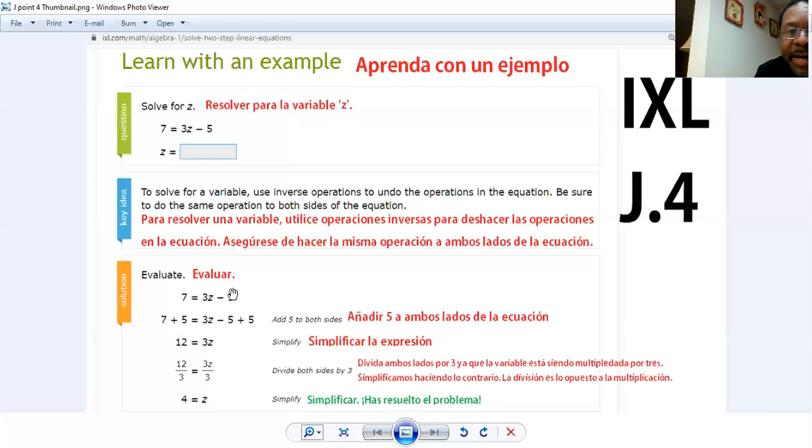This is a negative 5, so the opposite of negative 5 is positive 5. So we're going to add positive 5 to both sides.